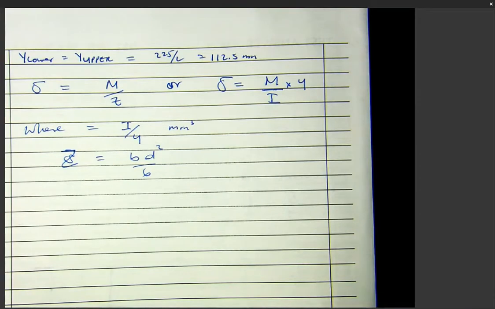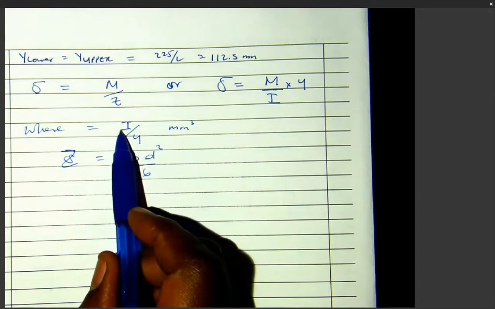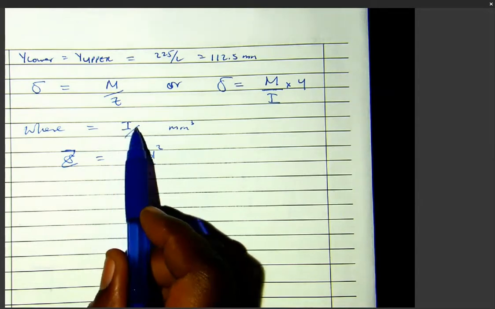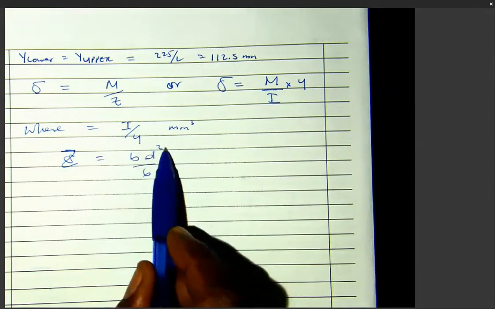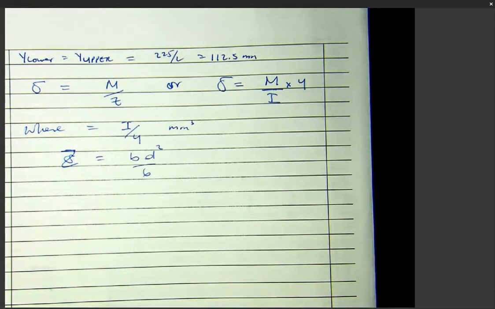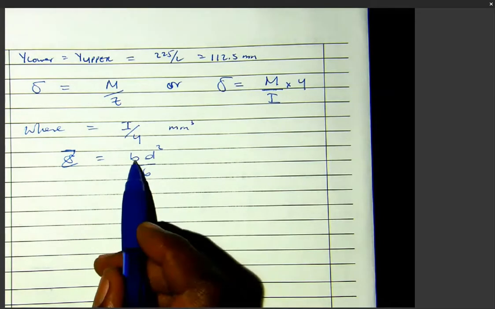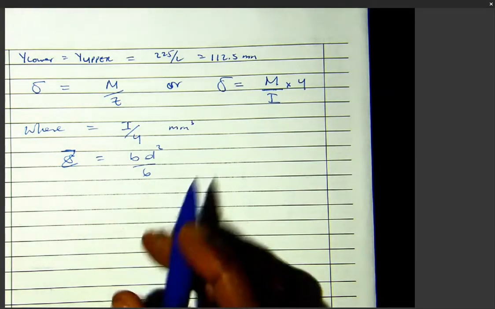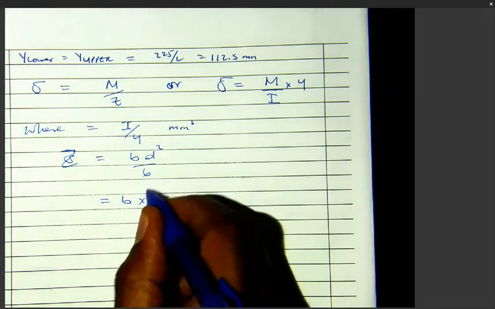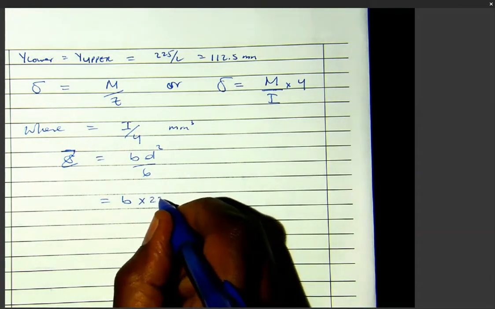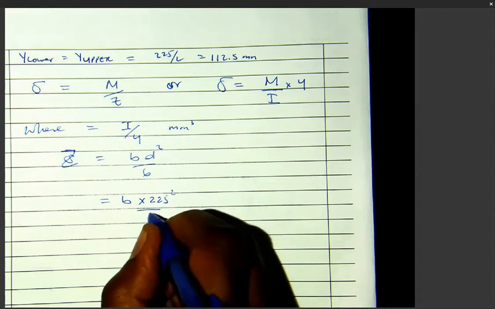So instead of calculating I and Y's and all that stuff, I can go straight and calculate Z. But remember, my Z is going to be in terms of B. B is the dimension that I'm calculating, times D, which is 225 squared over 6.